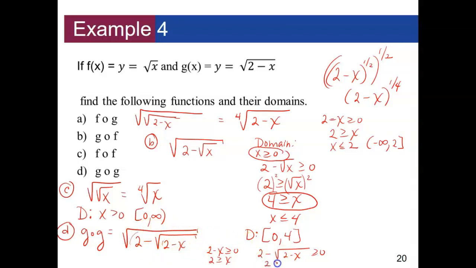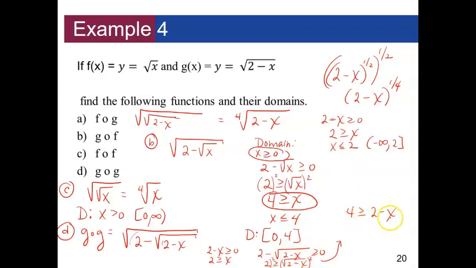So here I'm just going to move this and work with it. So I'm going to square both sides. So I'm going to have 4 is greater than or equal to 2 minus x, because if I'm squaring both sides, that's going to cancel the radical there.